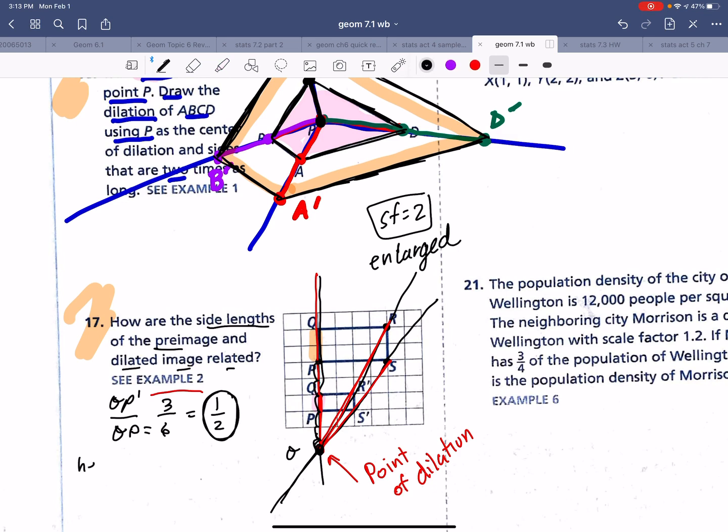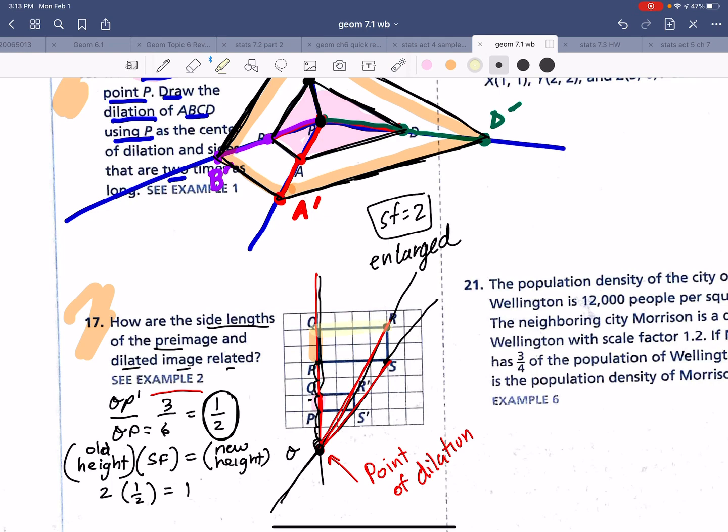So my old height multiplied by my scale factor would equal my new height. All right, so my old height of 2 times my scale factor 1/2, my new height is 1. Now let's take a look at my width.